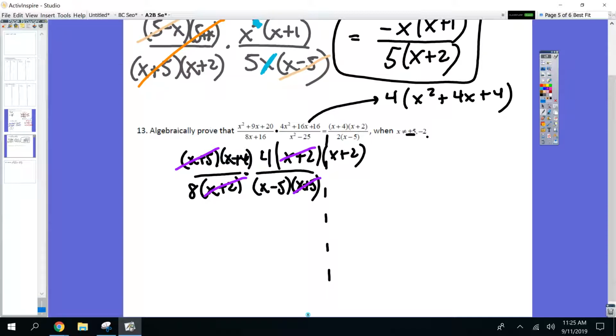Anything else? Anything else to cross out? Or are we done crossing stuff out? And the answer is you have one more thing to cross out. 4 and 8, yep. But what are you going to be left with? 2 on the bottom, yep.